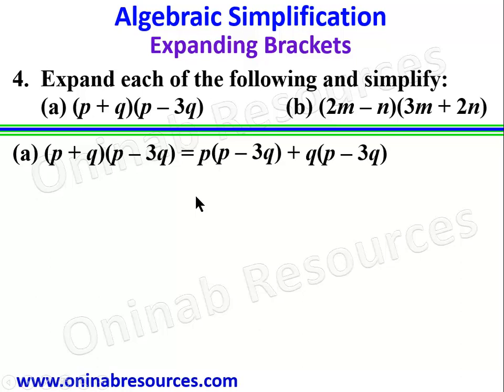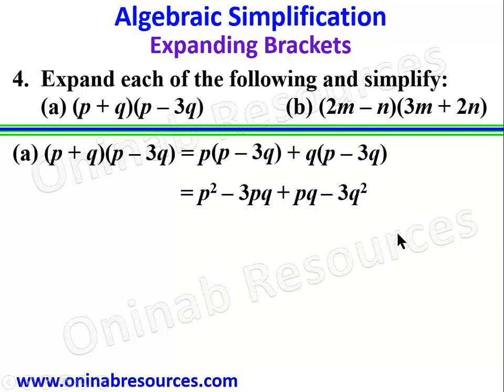P times p gives p squared. P times negative 3q gives negative 3pq. We are done with that. We come to the second set of brackets. Positive q times p gives positive pq, and positive q times negative 3q gives negative 3q squared.